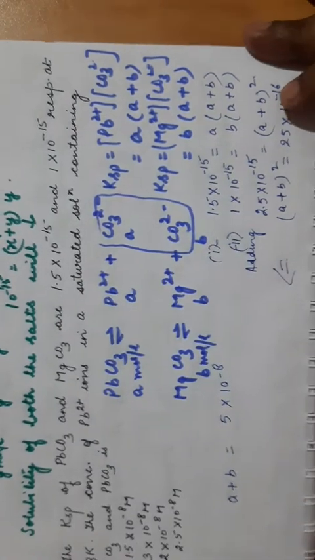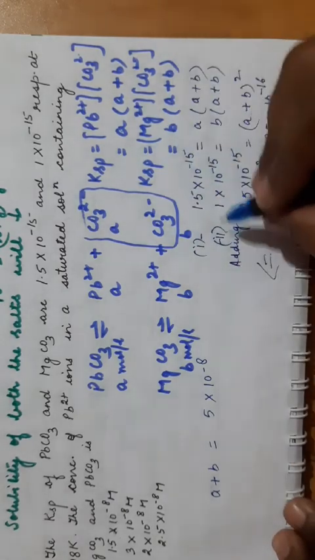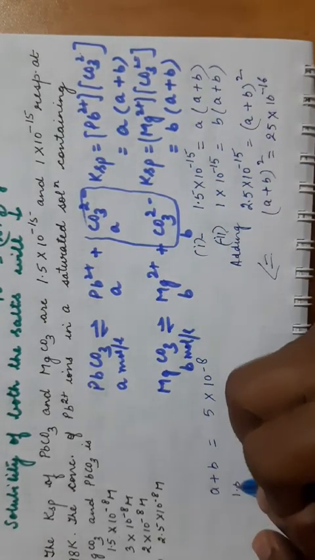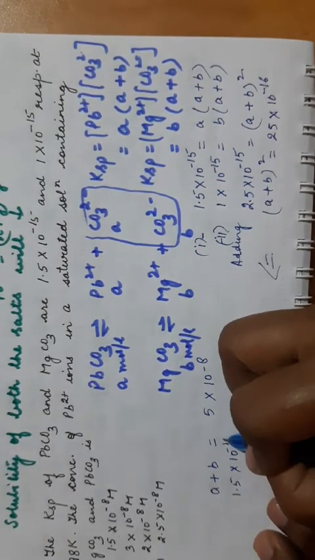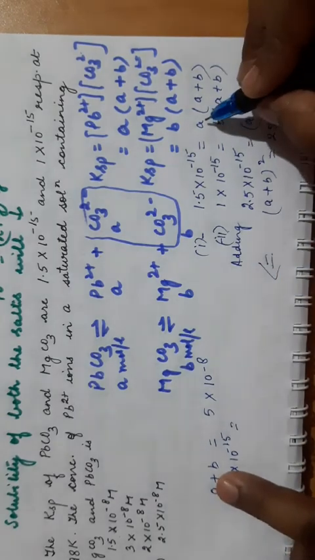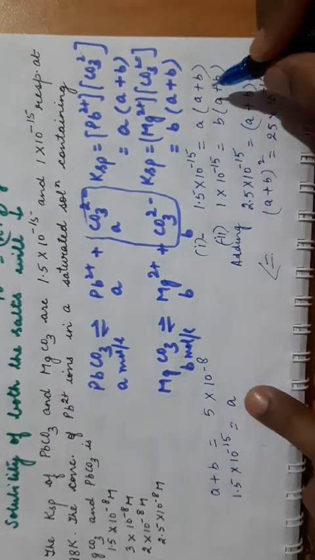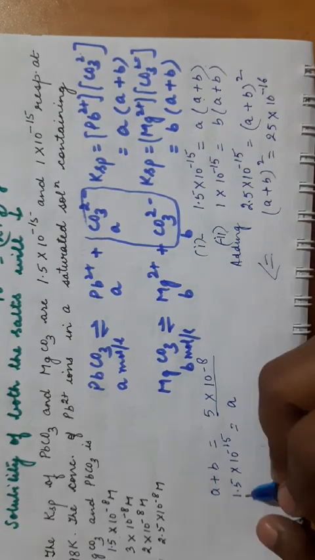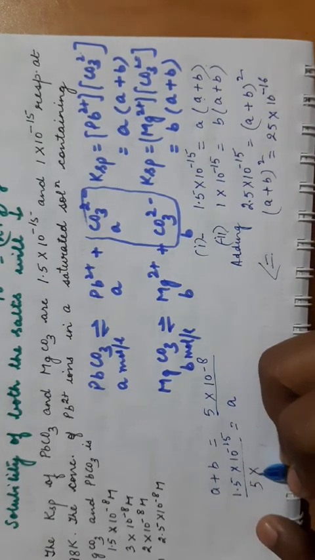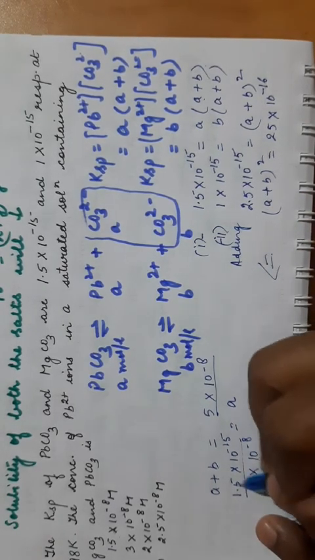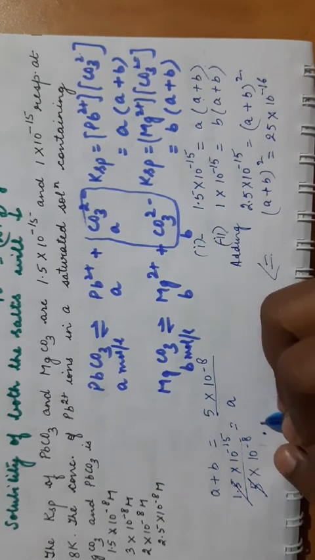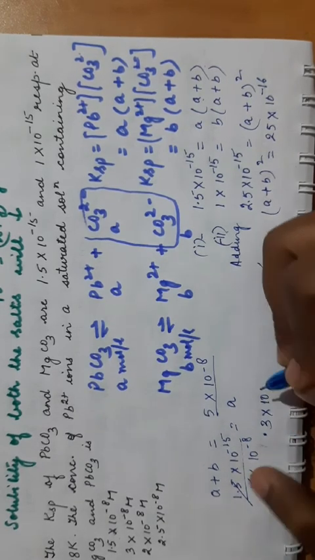Now put this value in any equation. Say we are putting here 1.5 into 10 power minus 15 is equal to A, which we have to calculate, times A plus B, which is 5 into 10 power minus 8. It will be 0.3 into 10 power minus 7.